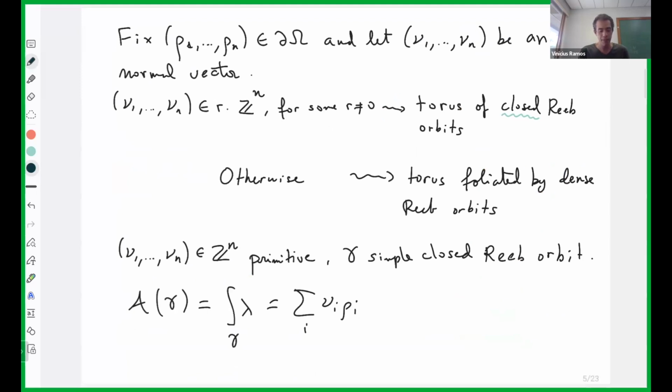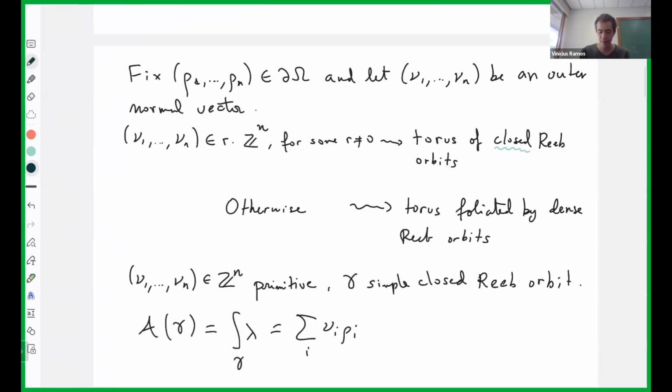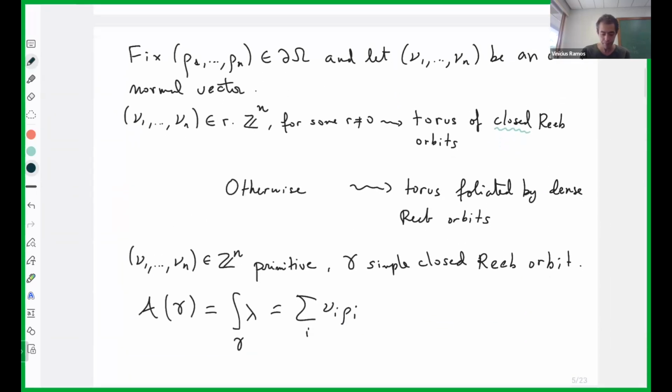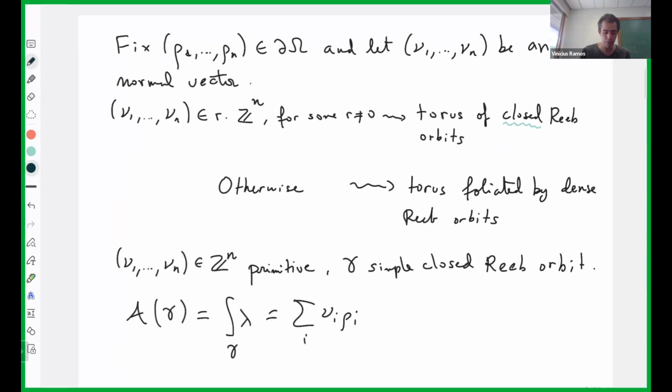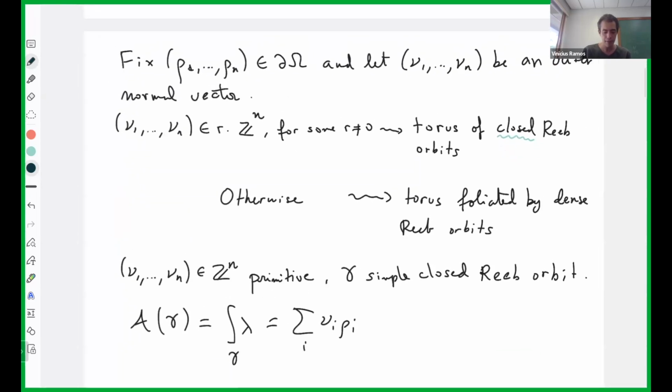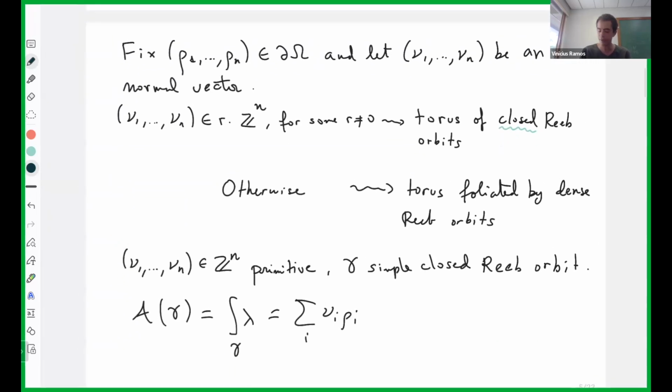So for example, if we fix a point on the boundary of omega, and we let (rho_1 through rho_n) denote the outer normal vector, then we have two possible situations. Either this normal vector is an integral vector, so it's parallel to something in Z^n.